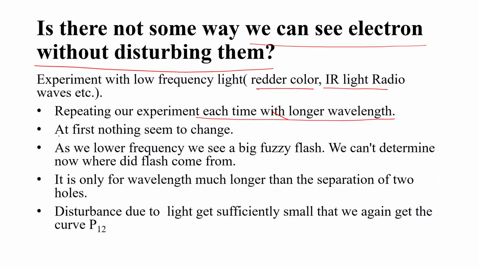So, at first, nothing seems to change. But as we lower the frequency, which means we are increasing the wavelength, we see a big fuzzy flash. We can't determine now where the flash came from. So let me clear it.